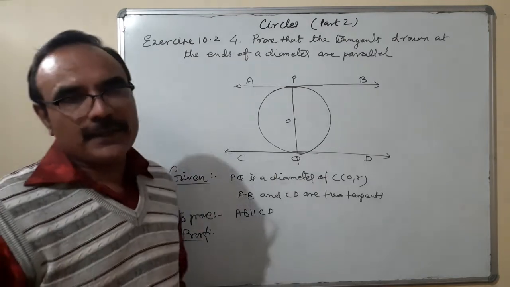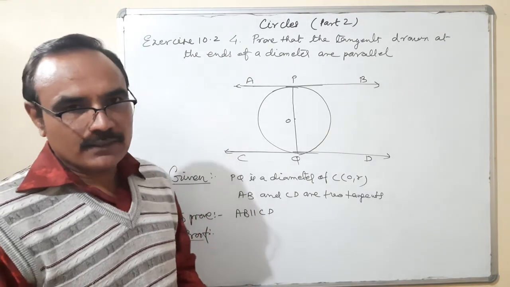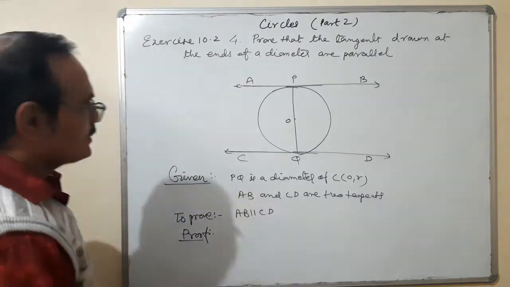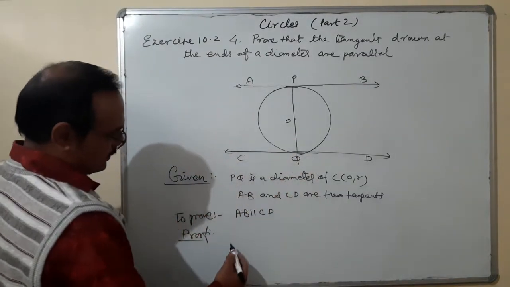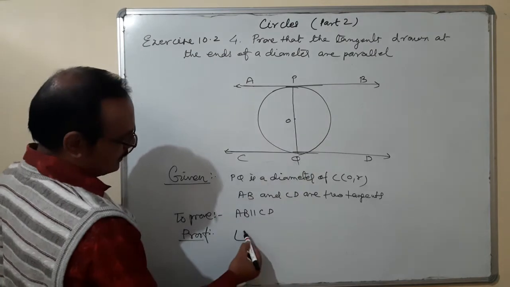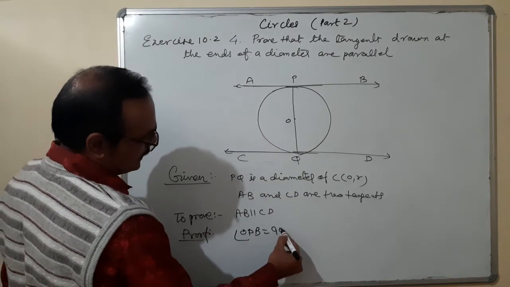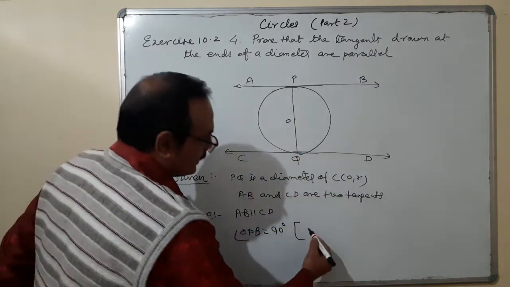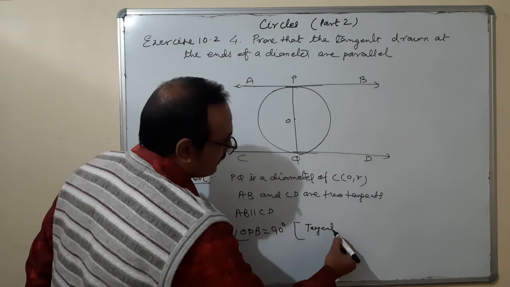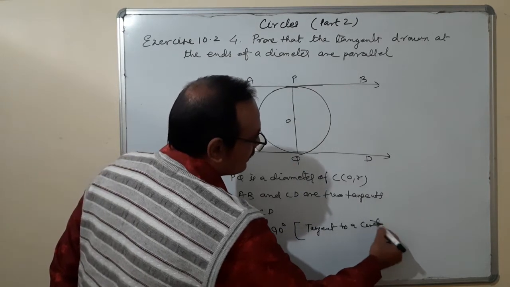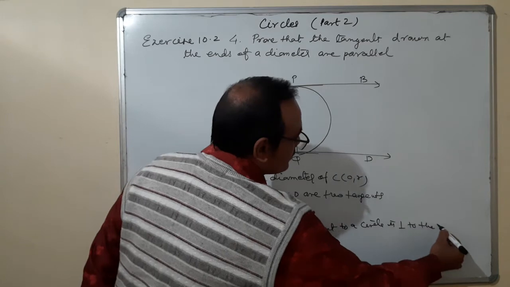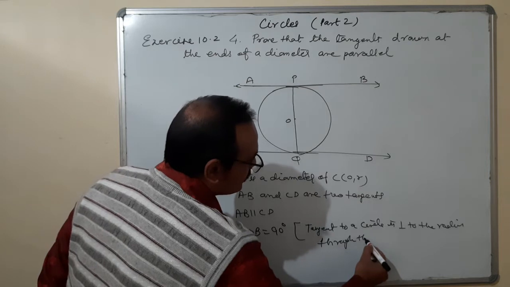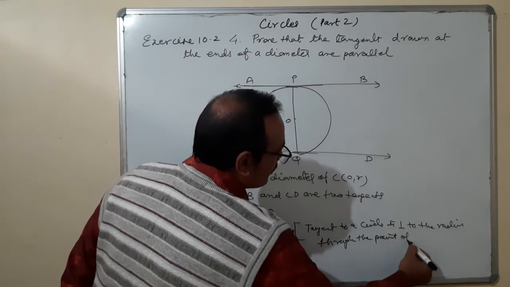Proof: simple proof. We know that if a pair of alternate interior angles are equal, then the lines are parallel. Also, if the sum of two interior angles is equal to 180 degrees, the lines are parallel. So anything can be used here. I am writing here angle OPB is equal to 90. The reason: a tangent to a circle is perpendicular to the radius through the point of contact.